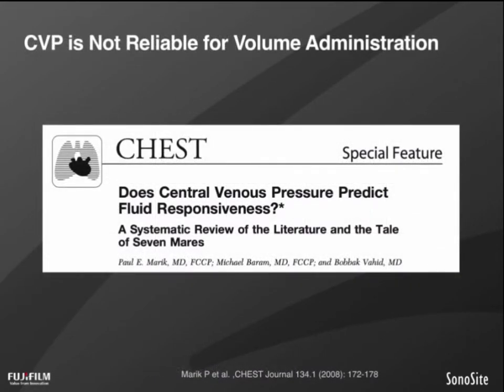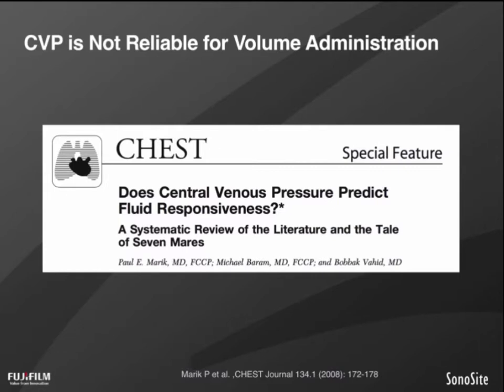As I alluded to, the CVP has enjoyed a rather significant fall from grace in the resuscitative literature over the previous 10 years or so, including this rather damning systematic review, which alludes to the fact that CVP has never been shown in humans, but only in mares, to predict volume responsiveness.